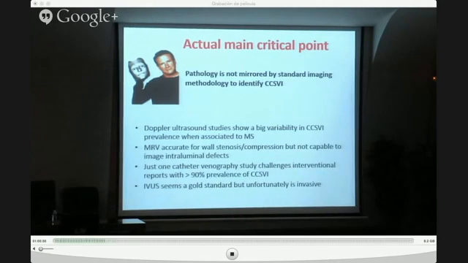MRV is very accurate for wall stenosis, for compression, but it's not capable, unfortunately, to image the intraluminal defects.